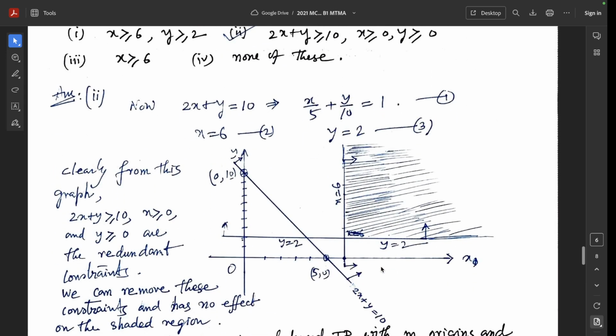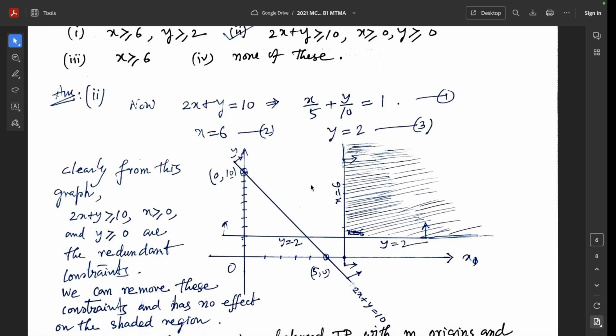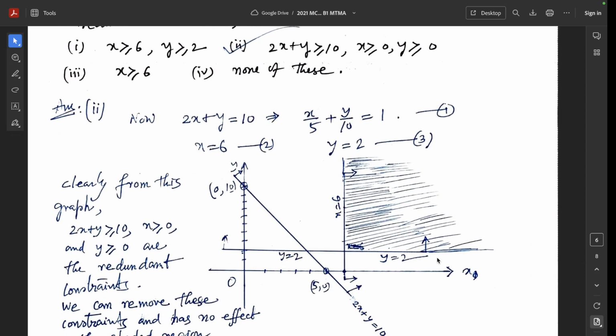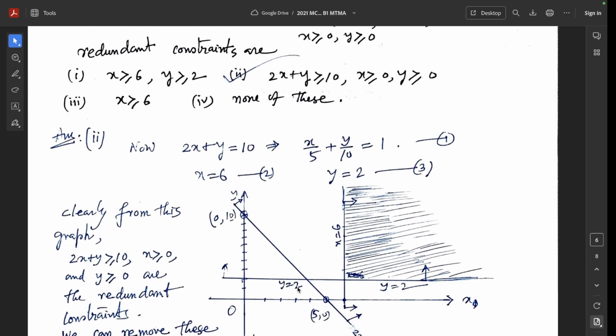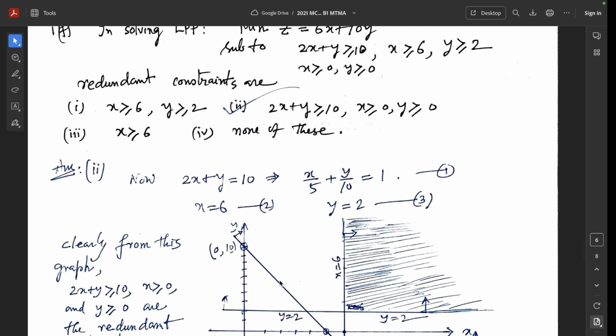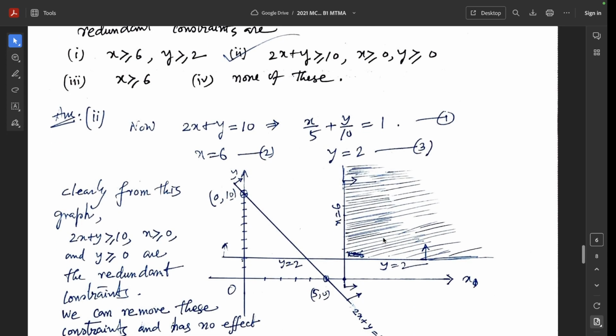And y greater than or equal to 2, y equal to 2 here, so the region is this. And x greater than 0, y greater than 0 is the first quadrant. So combining all these, we get the feasible region as the shaded region here.